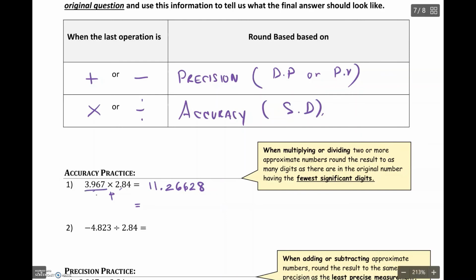So this number has 4 significant digits. This has 3. So 3 is less accurate than 4. So we need to go with 3 significant digits. So our answer therefore is approximately 11.3, because we look to the right, bigger than 5, we increase the 2 by 1, so it's 11.3.